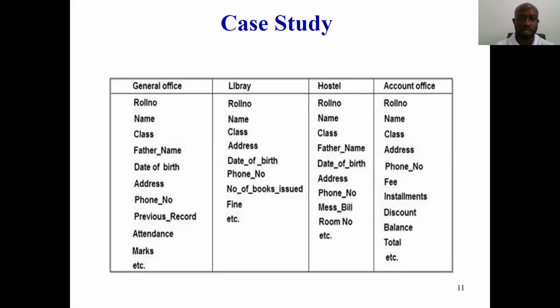They all appear in the library, hostel, and account office. So for example, the name of the person will appear on the general office records. It also appears in the library, the hostel, and the account office. So there is data redundancy, which will just take space for nothing.